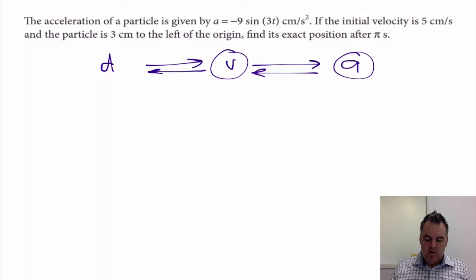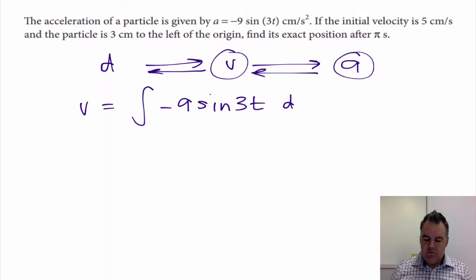All right, so the velocity here is just the integral of -9 sine 3t with respect to t. Okay, we just do the integral. So let's do this. We know the integral of sine is going to be negative cos. So let's use our techniques. Leave the -9 out there.